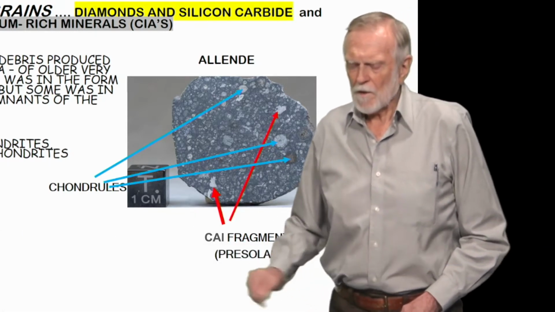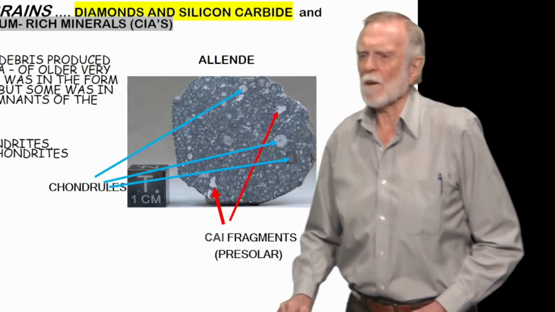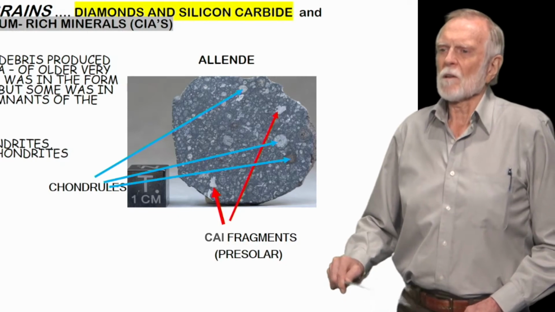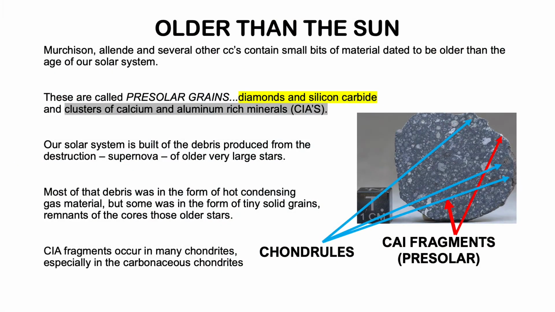There are a variety of chemical compounds in those, but they're rich in calcium and in aluminum. They're calcium aluminum bits, and we've long considered those are probably pre-solar in age. Now, what does that mean?